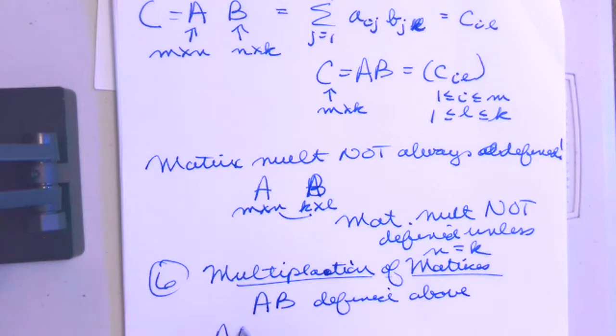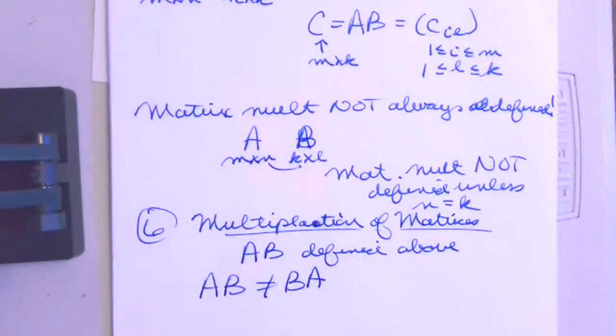It's easy to see that in general, it is not commutative. AB is not equal to BA in general. So you just can't multiply matrices however you want. Sometimes it works, sometimes it does not.